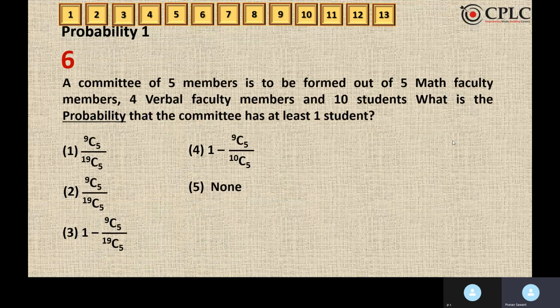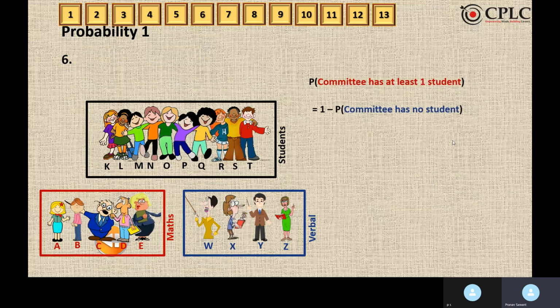Moving to the next question. A committee of 5 members is to be formed out of 5 math faculty, 4 verbal, and 10 students. What is the probability that the committee has at least one student? Now, let's take it in a complement way. Complement means we take the opposite of what is asked. So it is going to be 1 minus the probability that the committee has no students.